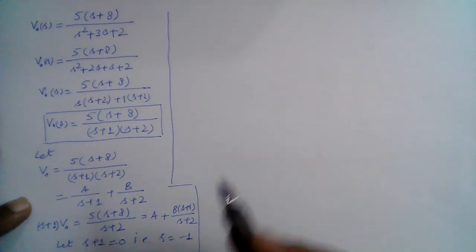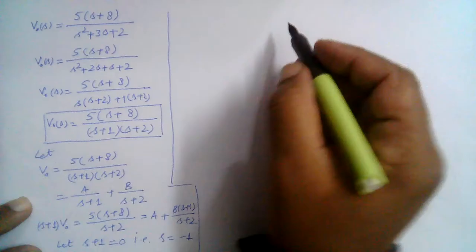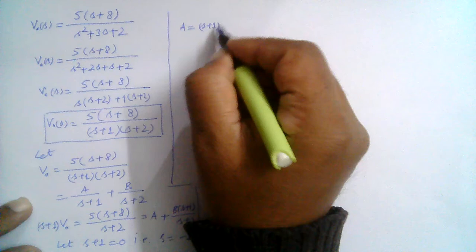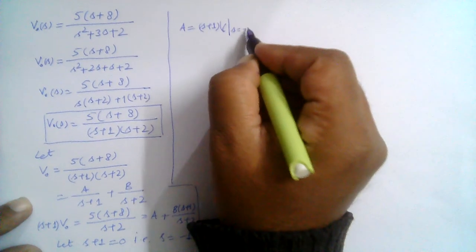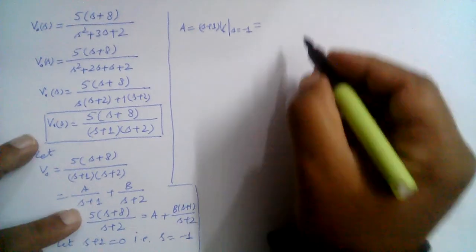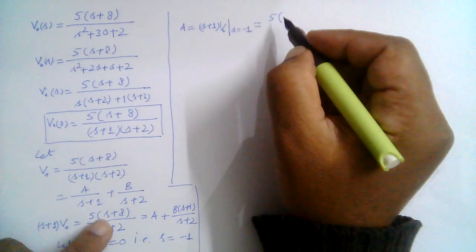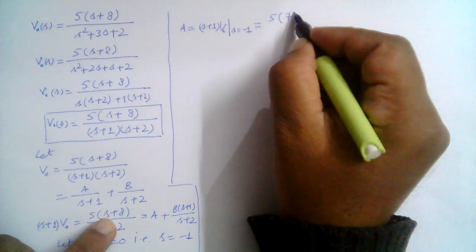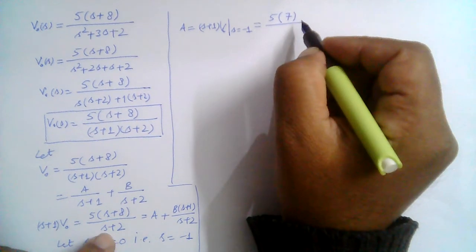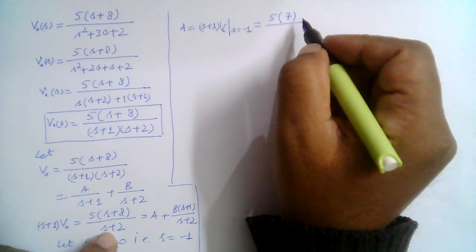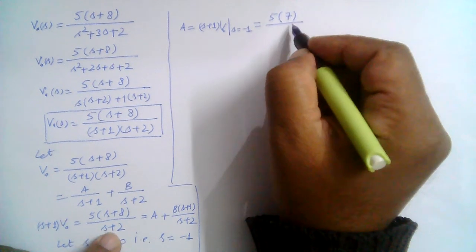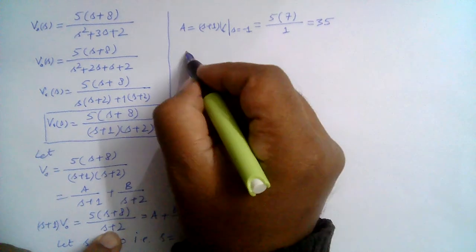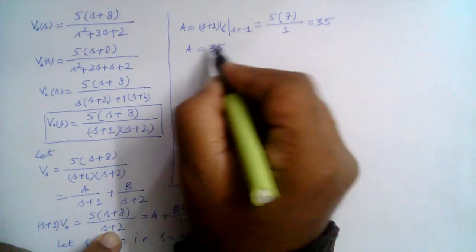So a is equal to s plus 1 v naught, while s is equal to minus 1, which is 5 into, this is 8 minus 1, so that leaves us 7, and this is 2 minus 1, that is 1, so that is 35. So a is equal to 35.